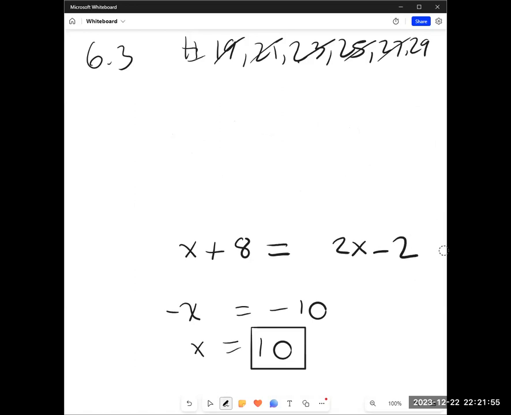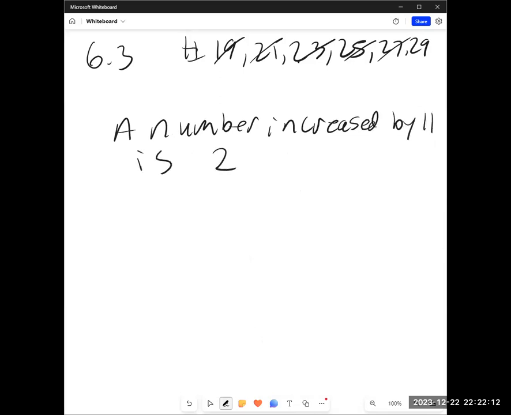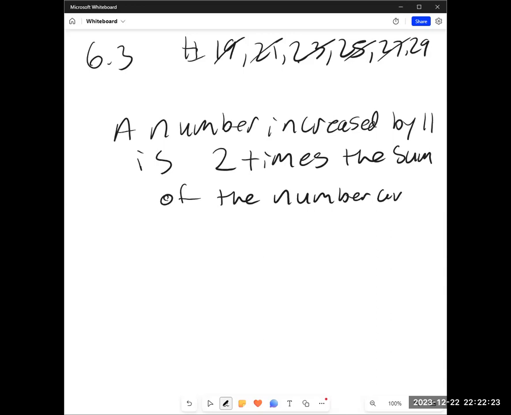And last problem for this video. A number increased by 11 is 2 times the sum of the number and 2.